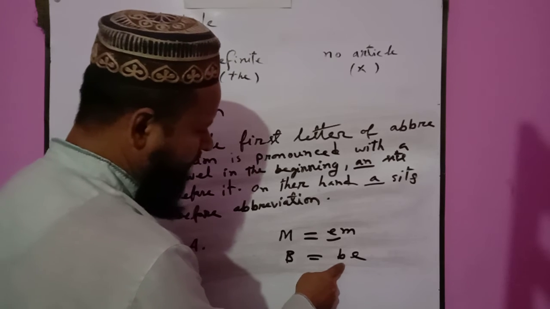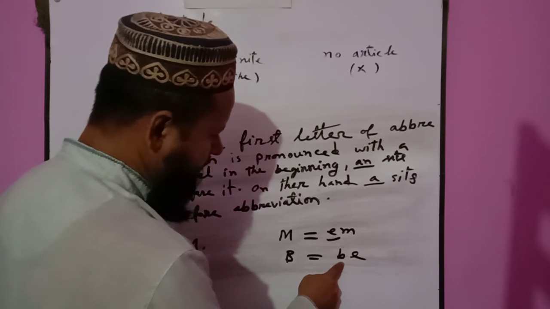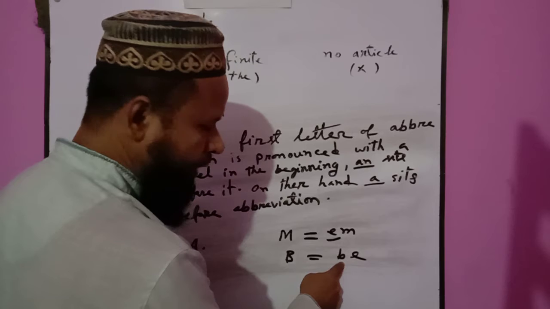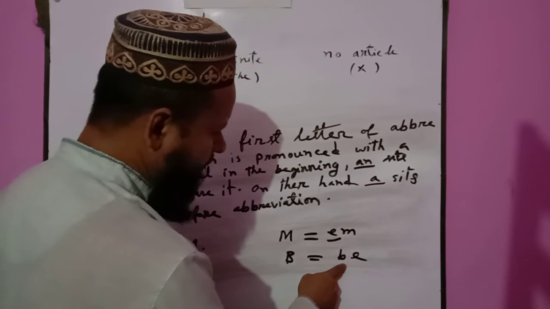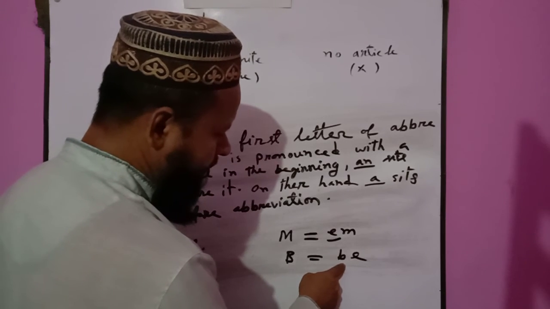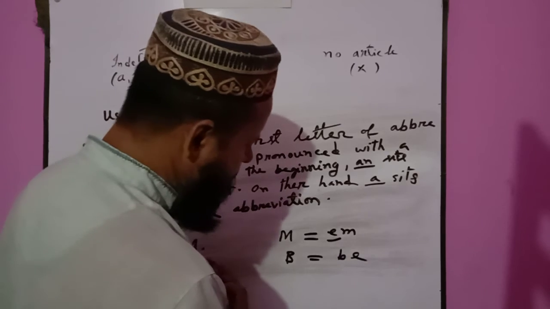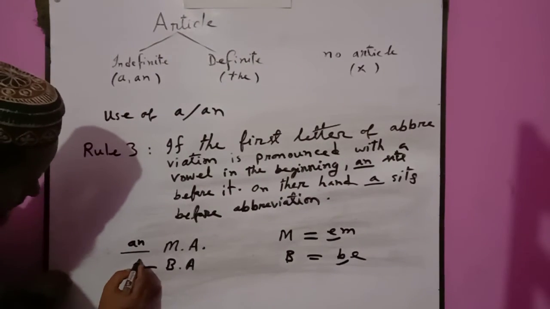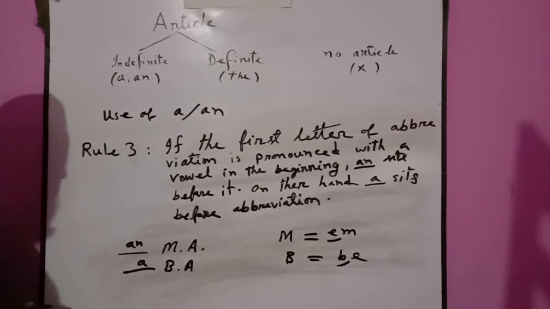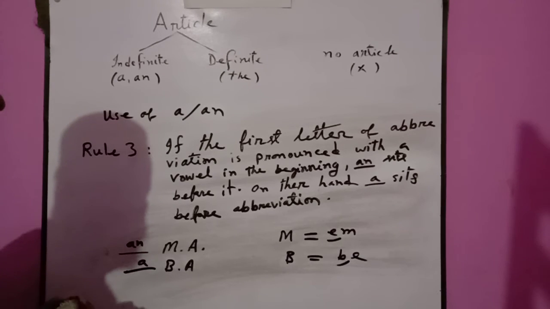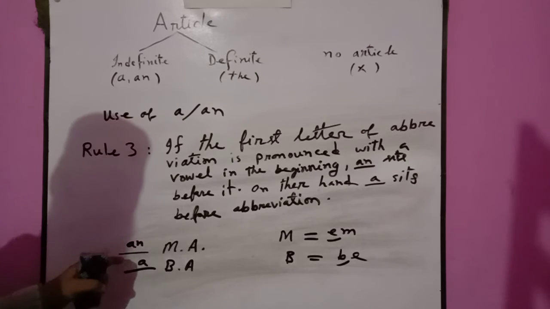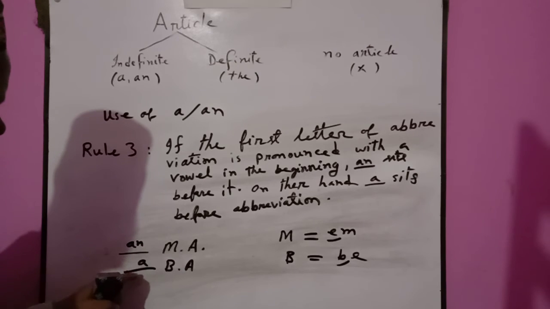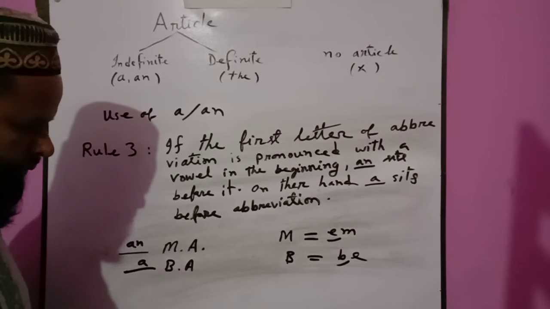So the first letter is B. In pronunciation of B, it is a consonant, so we shall use a before BA. Can you understand? An MA, but a BA.